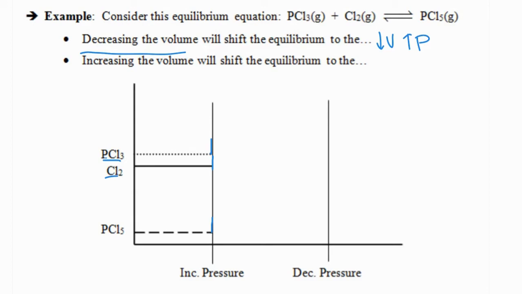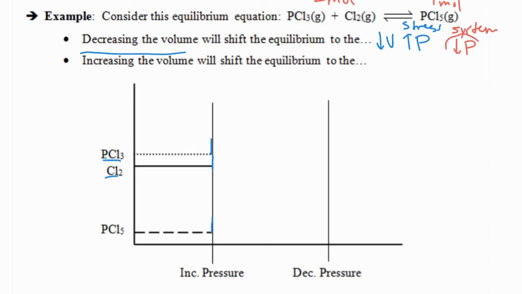Then I need to think about how will it counteract that stress. So the stress is an increase in pressure. The system wants to decrease the pressure. Now to identify how to do that, I need to look at the moles of gas. On the left-hand side, I have 2 moles of gas. On the right-hand side, I have 1 mole of gas.